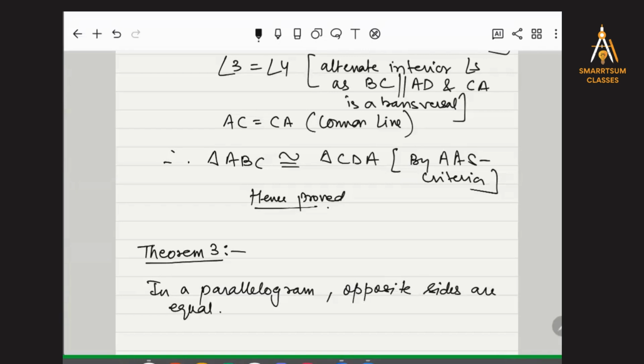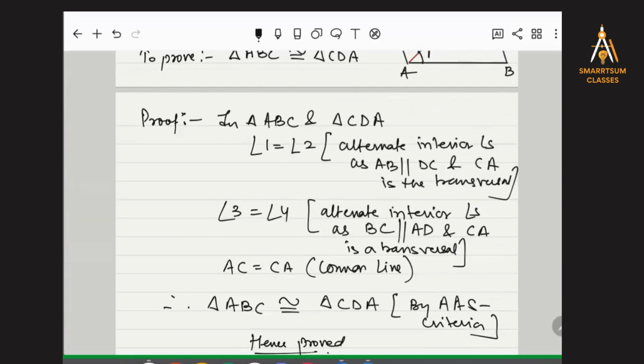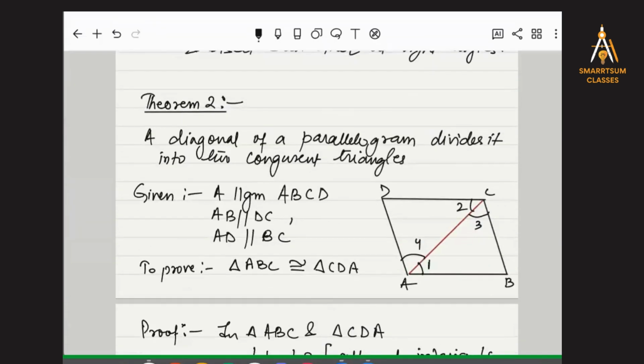Now to prove this, we need to first prove that the two triangles are congruent, which we have done in this earlier theorem, theorem number 2, right? So I'm not going to tell you this again, but if question comes in an exam, you have to show this whole thing. Is that clear?